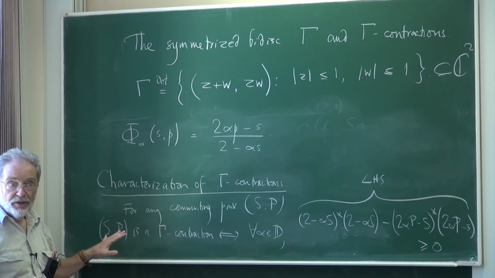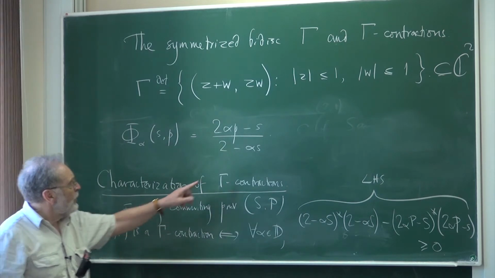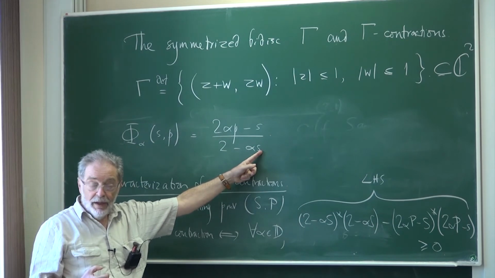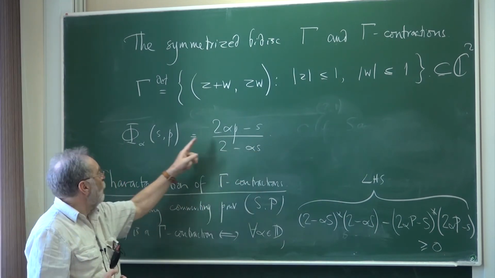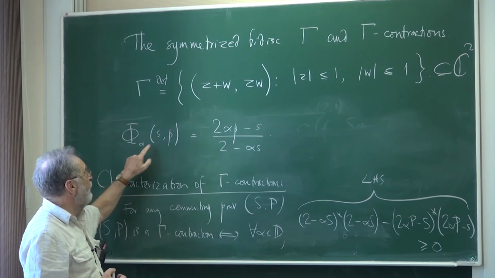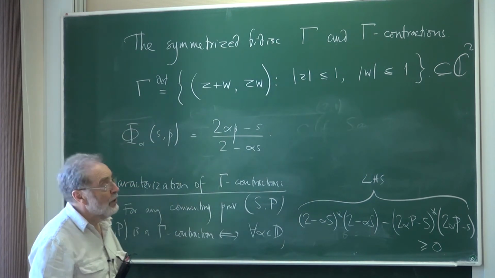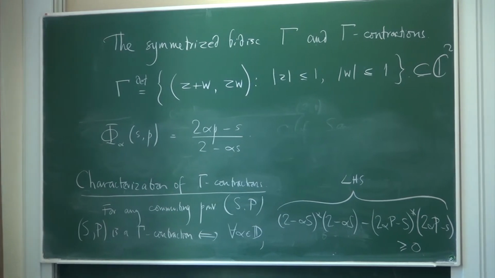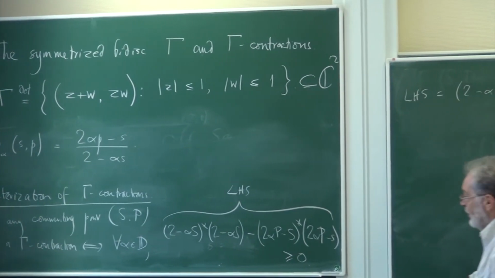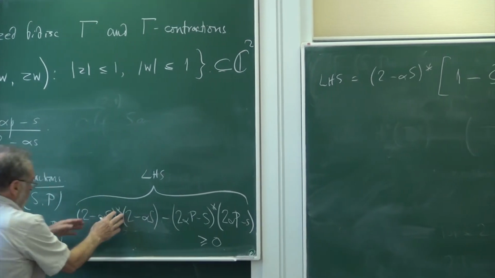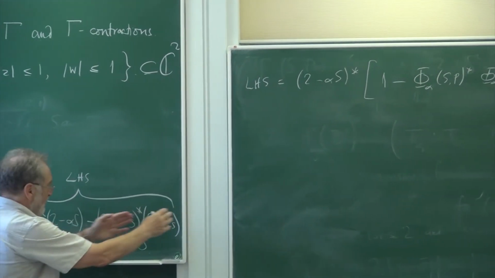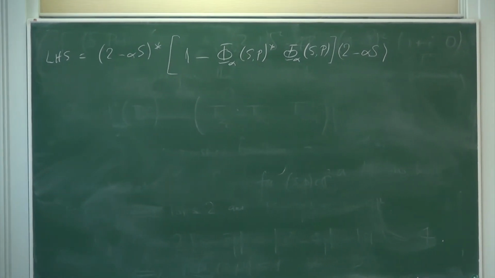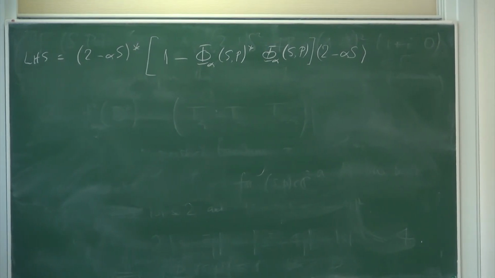That being the case, for any alpha in the open disk, 2 - alpha S is invertible. And therefore I can talk about phi_alpha(S, P). It's a well-defined operator, and therefore this way of writing it is legitimate. I can pull this operator out at the front and this one out at the back, and I get 1 - phi_alpha(S, P)* phi_alpha(S, P).